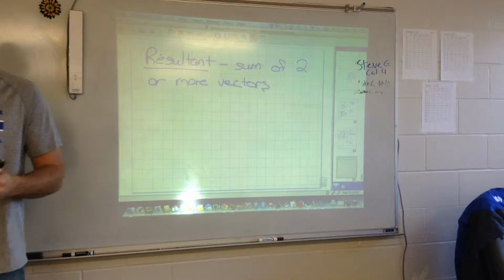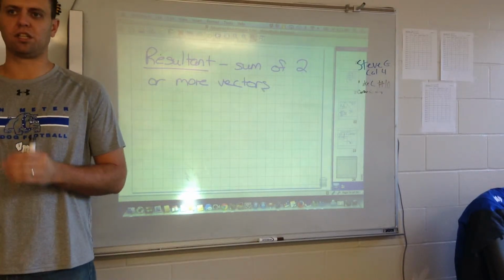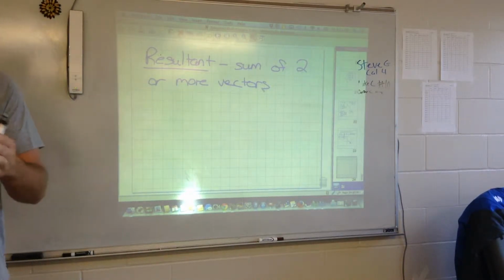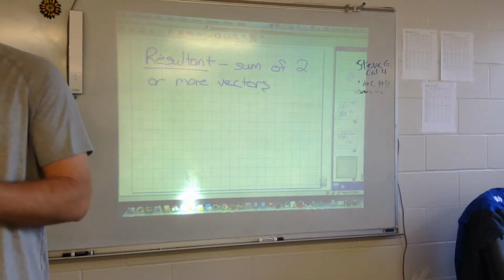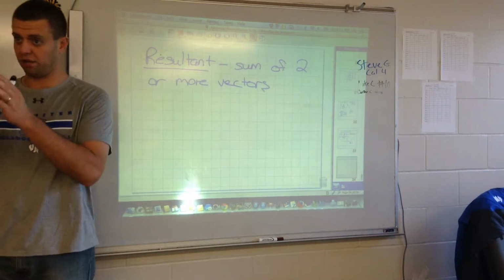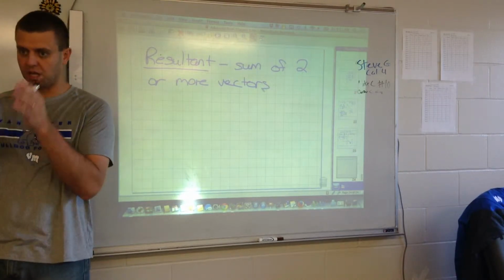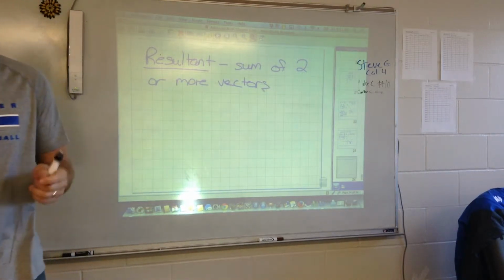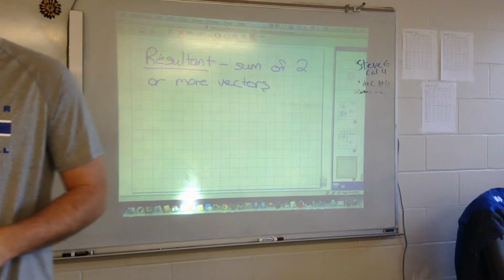It definitely applies when you have airplanes trying to go a certain direction and you've got wind pushing it one way, you have to adjust your direction so you can go where you want to go because of those two forces. The plane's trying to do something, the wind's doing something. You want the plane to go a certain direction, so you have to make sure you put it at the right angle.